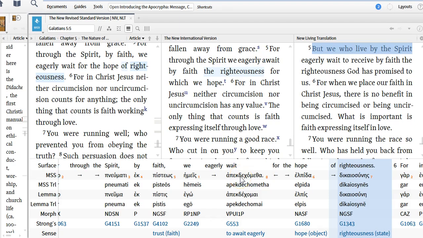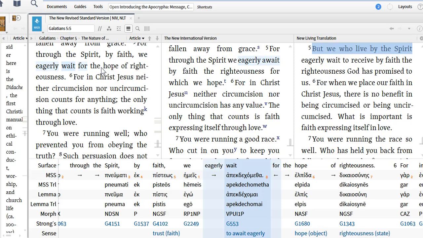Or I should put it another way, in English, when we use the verb wait, we don't wait something. We wait for something. So the addition of for here is simply idiomatic English because of what is required with the English word wait. If we were to use, as the NIV does, the word await, we could actually have hope as a direct object in English, just as we do in Greek.